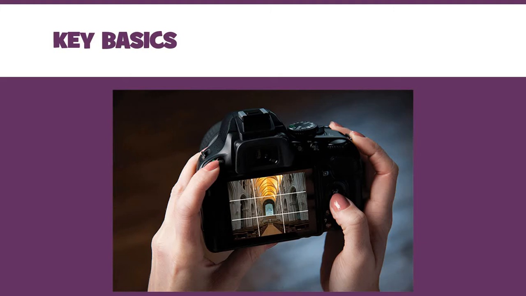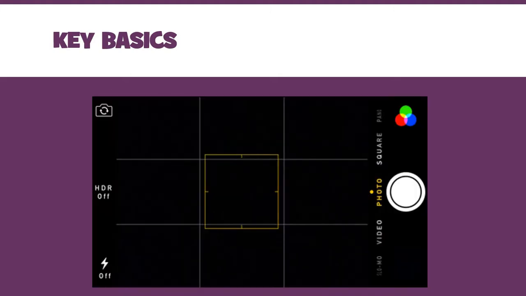And if you're using a smartphone for this class, if that's your main method of taking pictures, don't worry either, because nearly every single camera on the market today has the ability to turn on a grid line in your settings. It has a setting to turn on a rule of thirds style grid line.